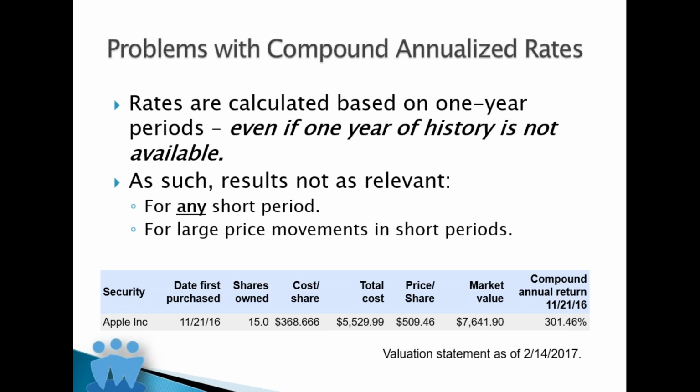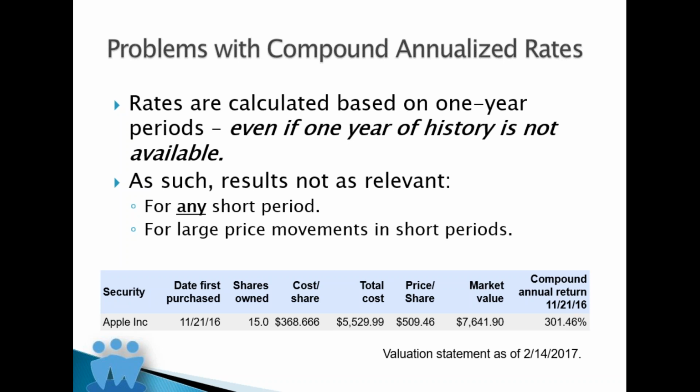Well, obviously, there's no security that's going to continue to grow at 300% a year for multiple years. But we do expect that stocks jump up and down in price in the short term, and we can see these massive swings in compound annual return.